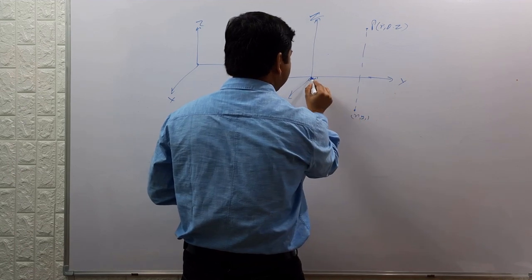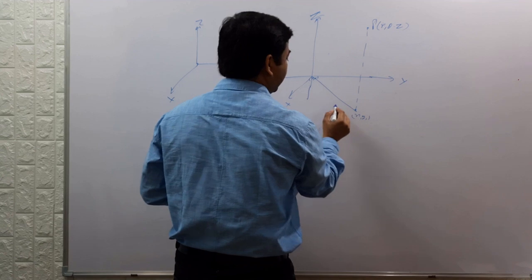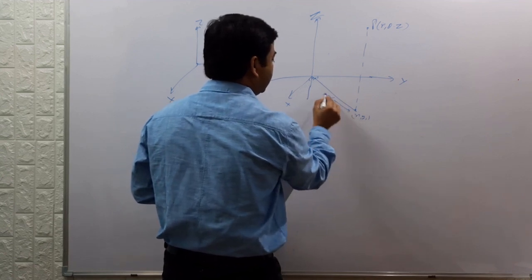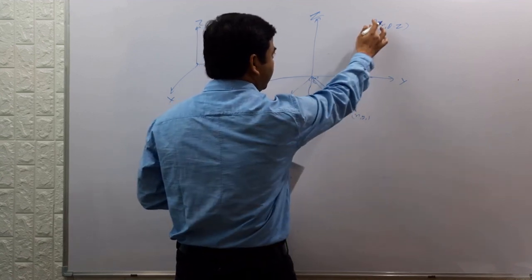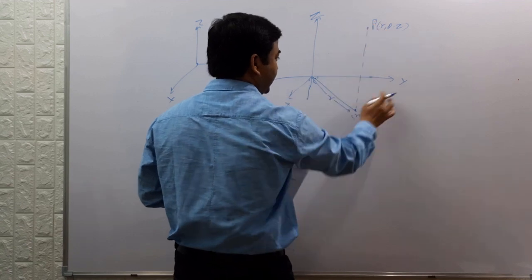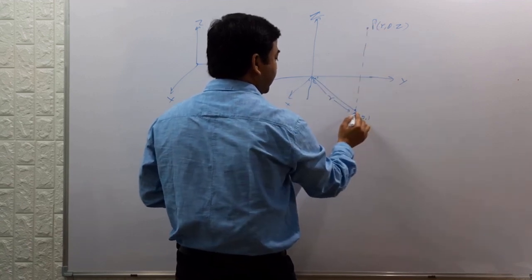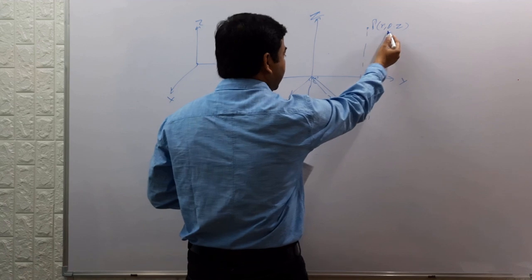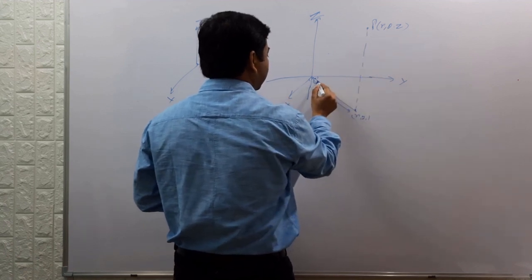So r is the distance in the xy plane, the distance of the projection of this actual point in space onto the xy plane, and theta is the angle with the x-axis.